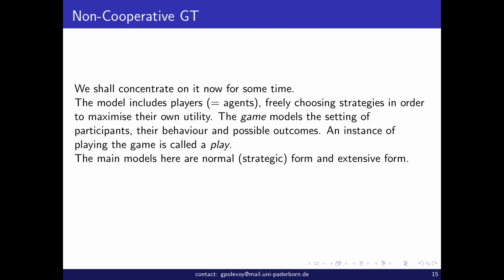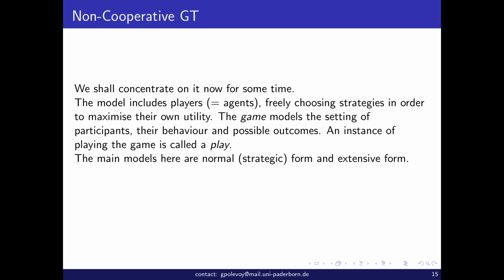Okay, so now let us go into non-cooperative game theory, which is going to be the first part of our course. The first time we're going to see also a bit of an overview of this area of game theory.